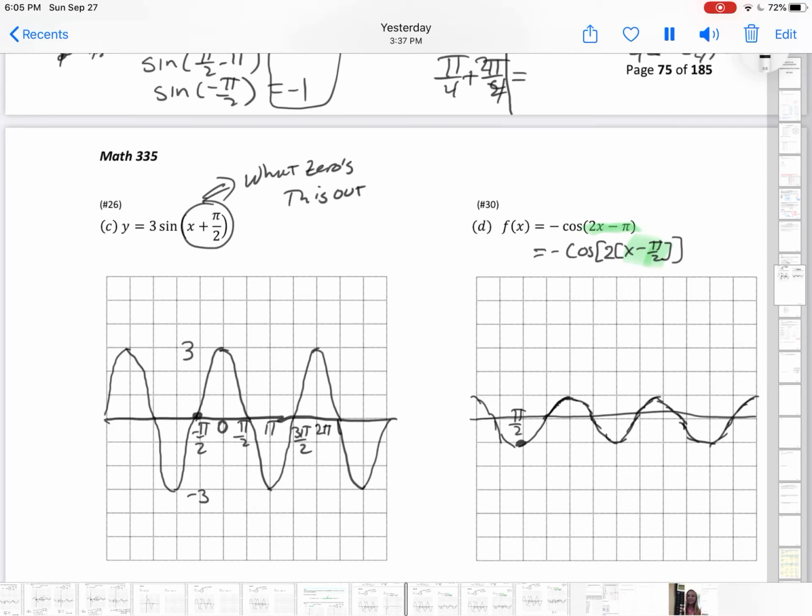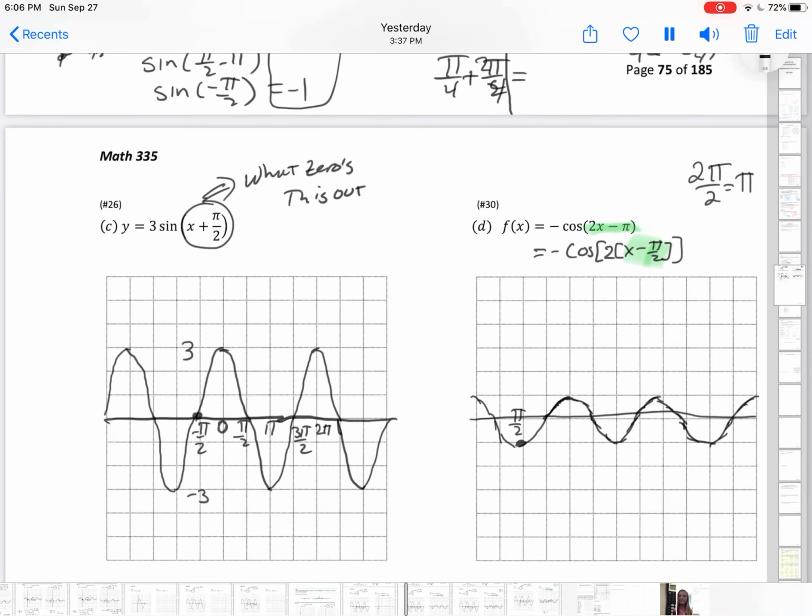Okay. Now, what's the 2 doing to us? The 2's adjusting our period, so our new period is just plain old pi. We're going to do a full cycle pi later. So what is pi over 2 plus pi? Hopefully you know that that's 3 pi over 2.